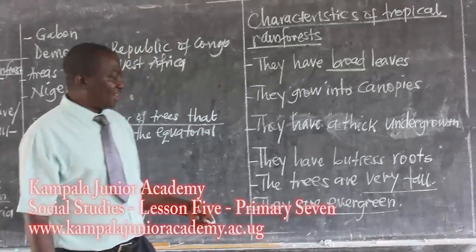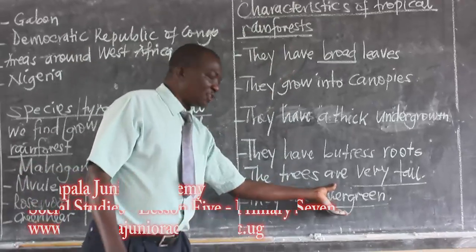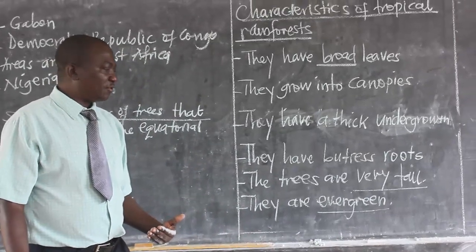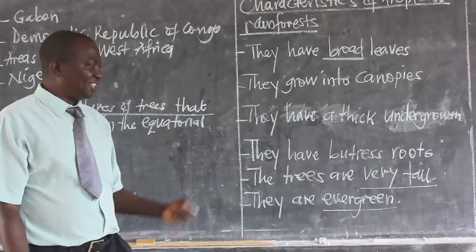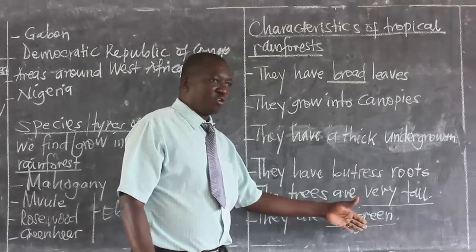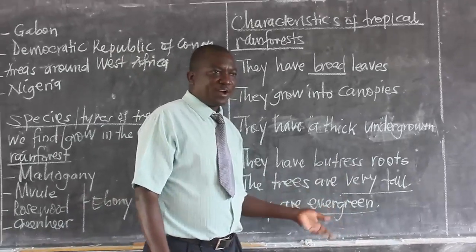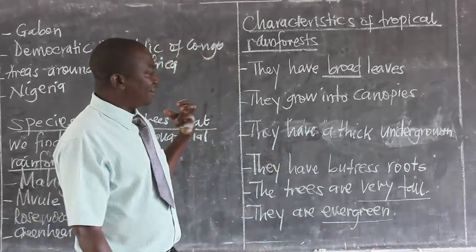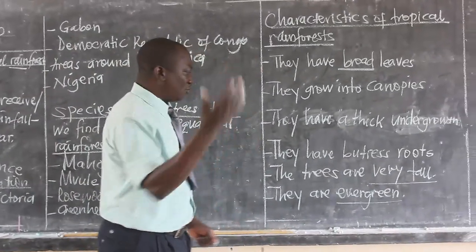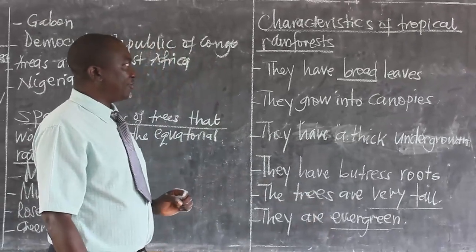Unlike some other climatic vegetation zones that we shall see, where trees shed off their leaves once in a year. These ones are evergreen because they drop their leaves one by one. Why? Because they have plenty of rainfall that is helping them every time to develop new leaves. So they are evergreen.